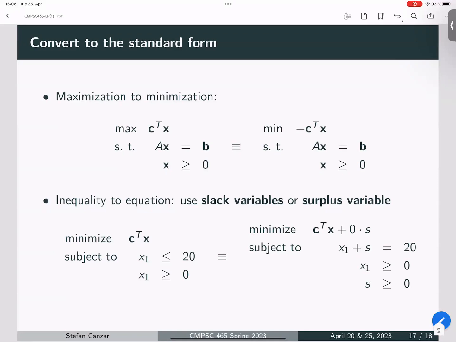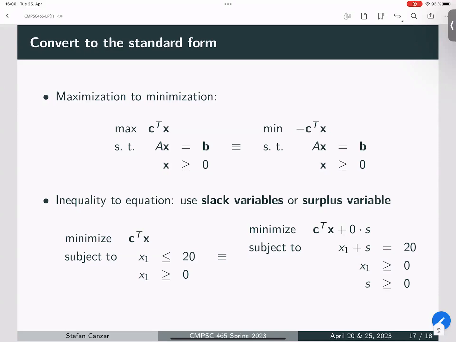So instead of requiring x1 smaller or equal than 20, we'll say that x1 plus some slack must be equal to 20. So this variable S simply captures all the slack of x1 with respect to 20. And of course it's free, so we don't have to pay anything for that S. We can do as much as we want. So this is just a trick to fill up the gap between whatever x is and whatever the right-hand side tells you it should be.